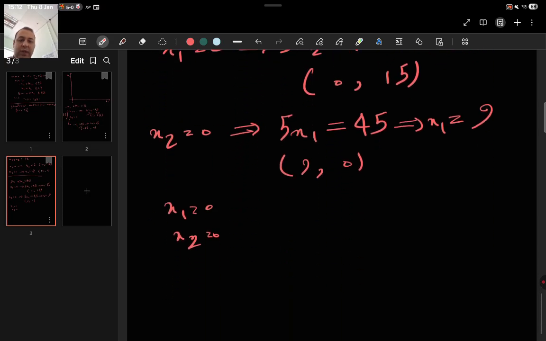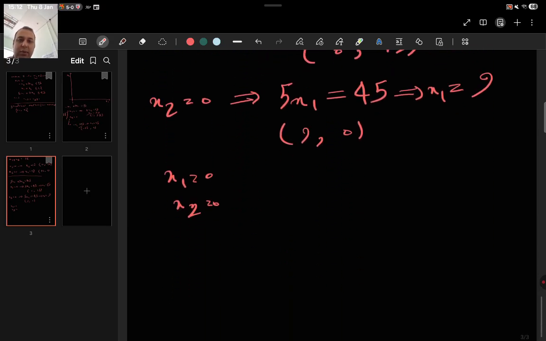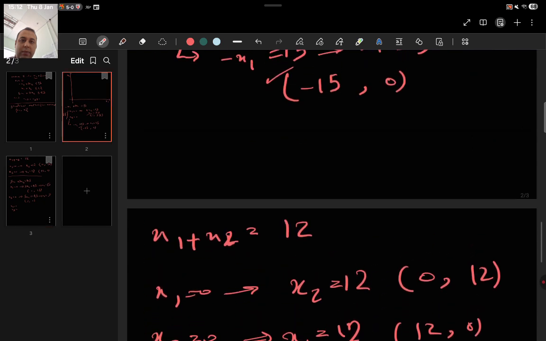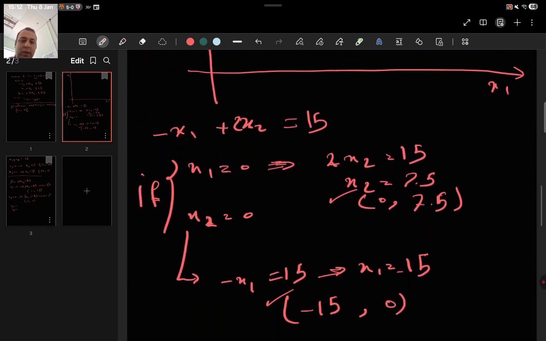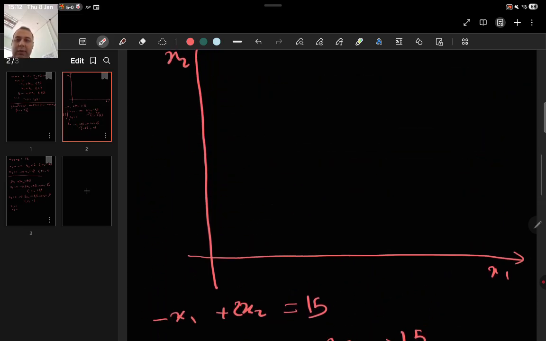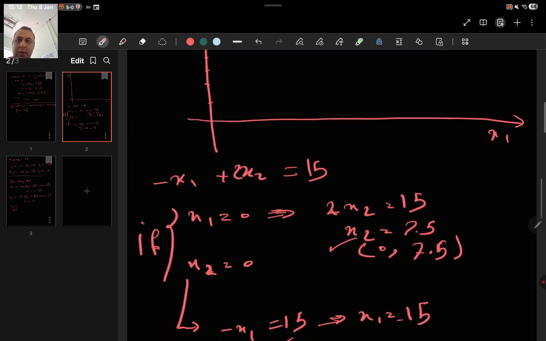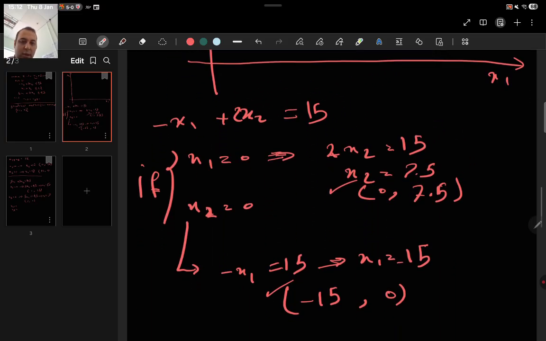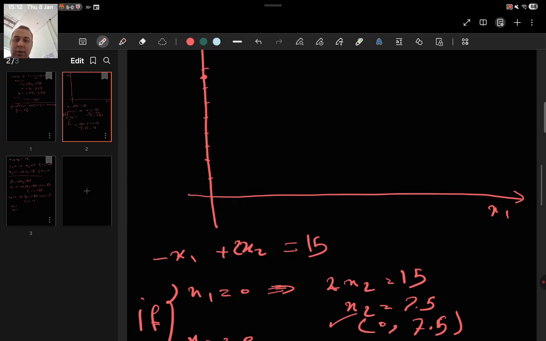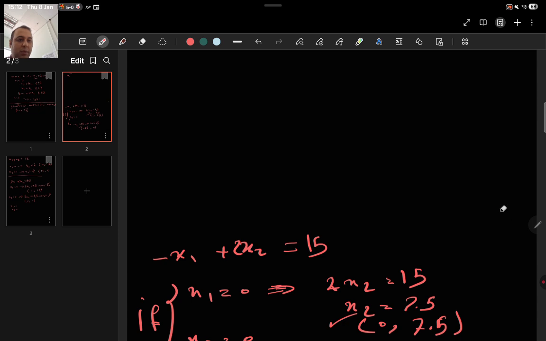Okay, so we list all the points that we found. For the first line, we have 0 and 7.5. Let's say for example 1 2 3 4 5 6 7 8, somewhere here. Another one is minus 15 and 0. So minus 15 cannot fit, I have to draw it again.